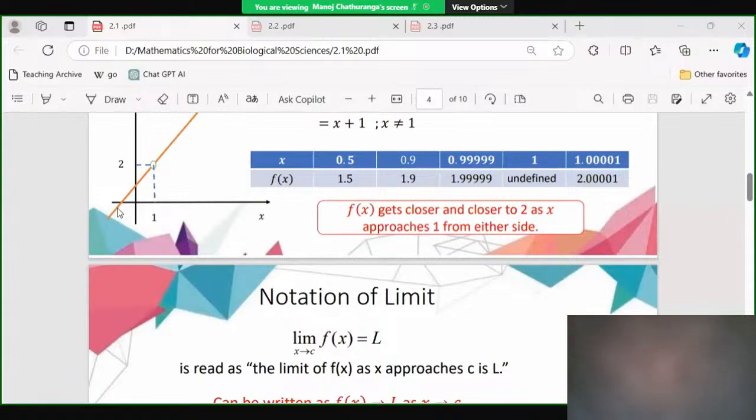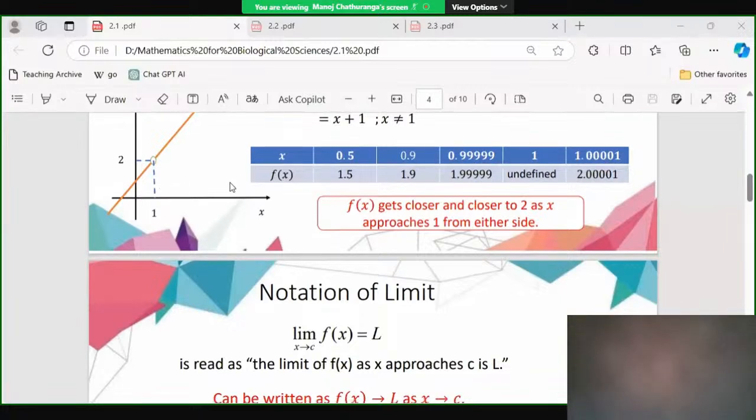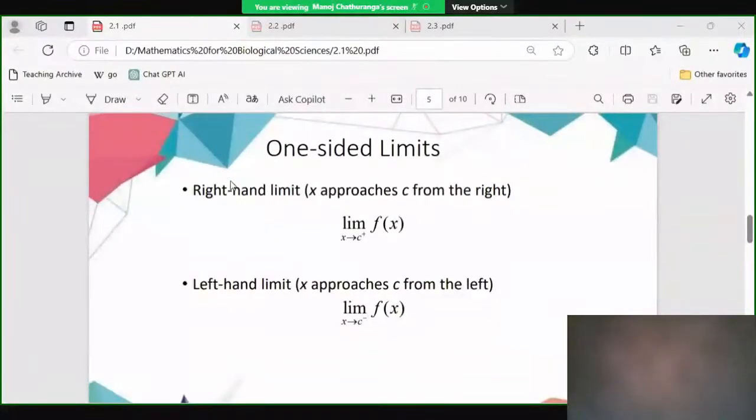And if not, you can climb up and reach 2 if you go to 1 from the left-hand side. So we can talk about one-sided limits, the direction that you are approaching c. If you are approaching c from the right-hand side, we write it as limit as x goes to c from the right-hand side. This plus sign denotes the direction. Plus is for the right-hand side and minus is for the left-hand side.